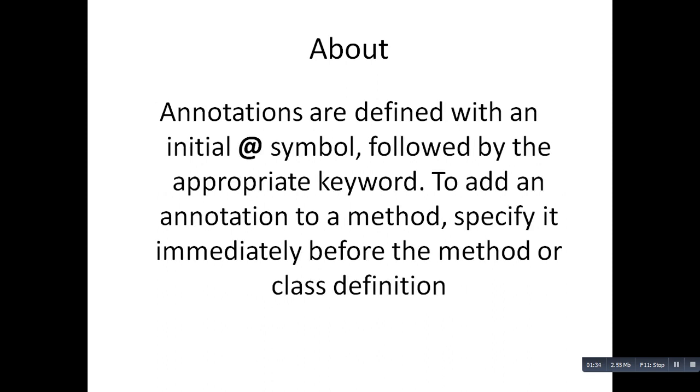Now, annotations are defined with an initial @. This @ here, whenever you see it in the source, if you are a Java programmer or any programmer, you already know it, but for the sake of this tutorial, I'm obliged to repeat it. So annotations are marked with this symbol @ followed by the appropriate keywords.